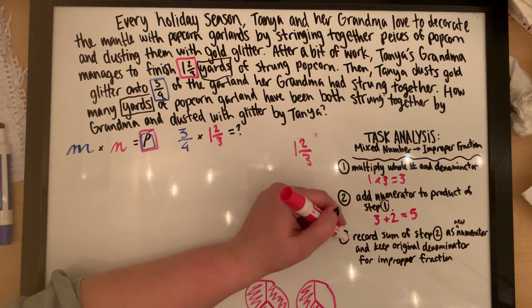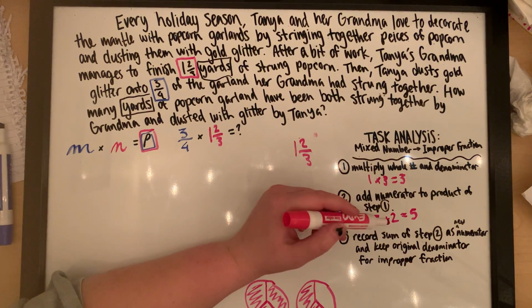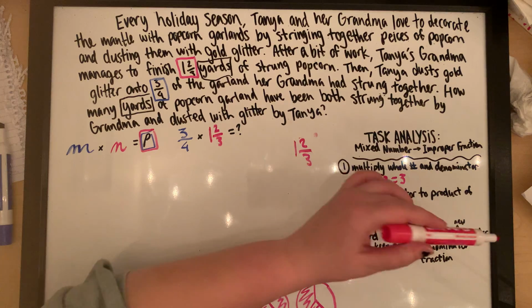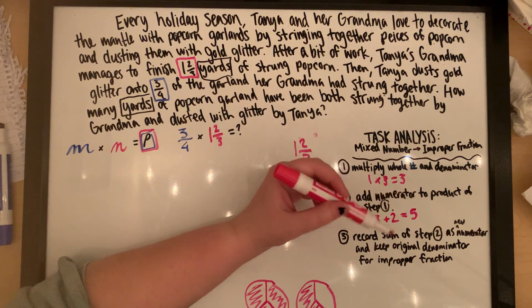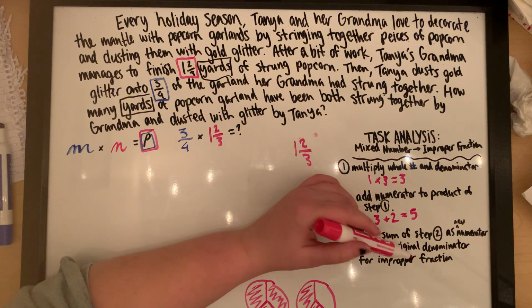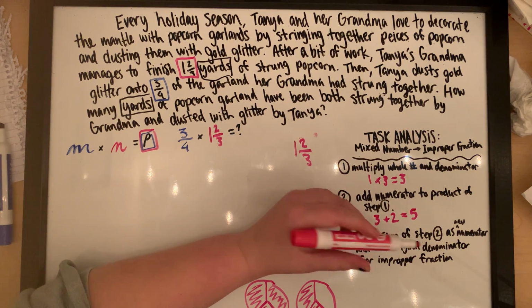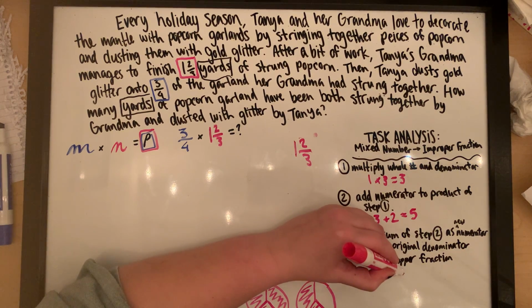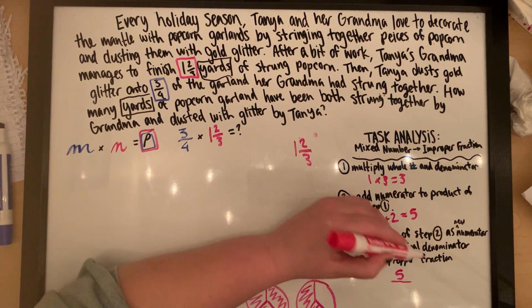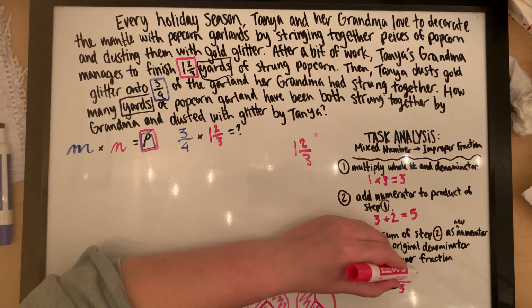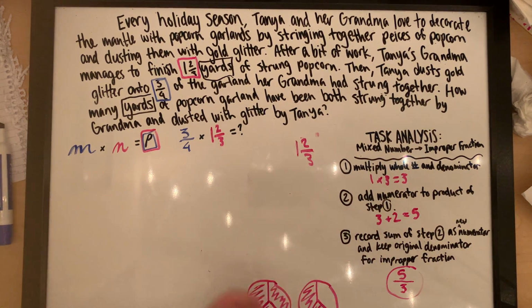And then step 3, we're going to record our sum that we discovered in step 2 as our new numerator for our improper fraction, and we're going to keep our original denominator for our improper fraction. So recording our sum as our numerator and keeping our original denominator, which is 3, we have formed our improper fraction.